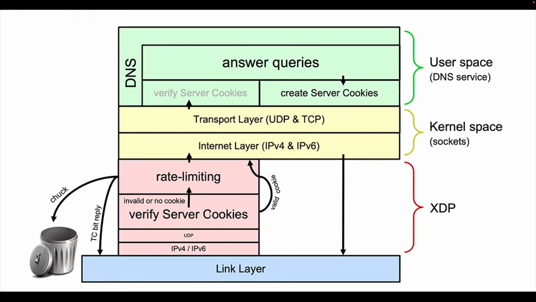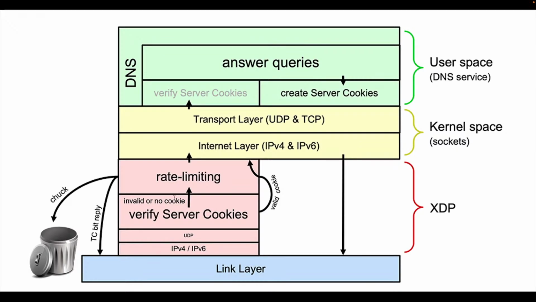If the server cookie is fake or invalid, or there is no cookie in the DNS query, the XDP program will direct the packet to the rate limiting function.